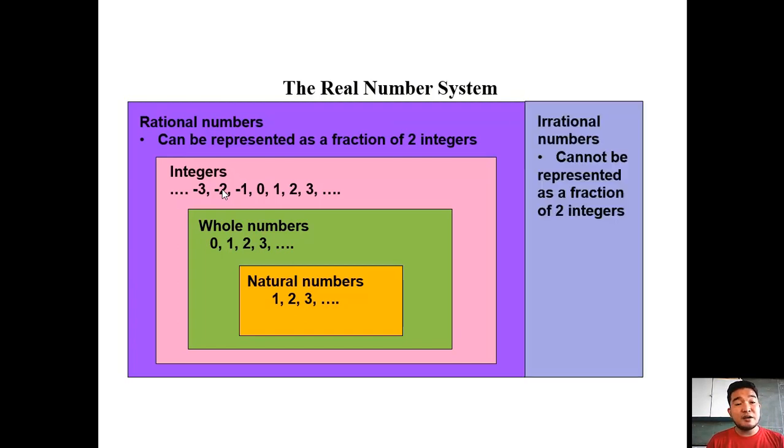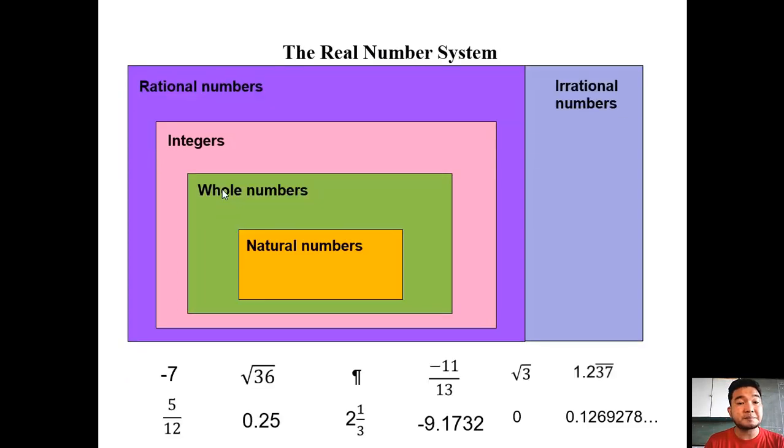And if the fraction expressed as a decimal is non-repeating and non-terminating, then those numbers are irrational numbers that cannot be represented as a fraction of two integers.